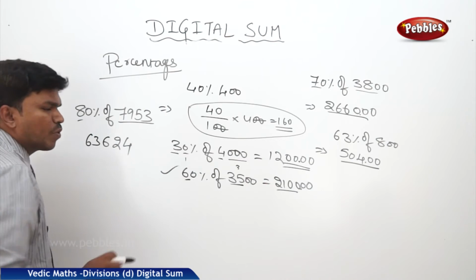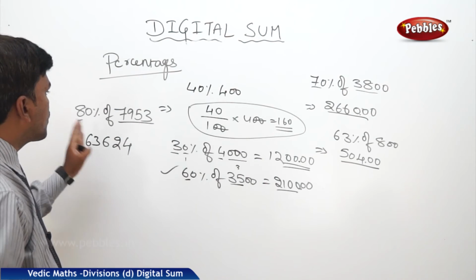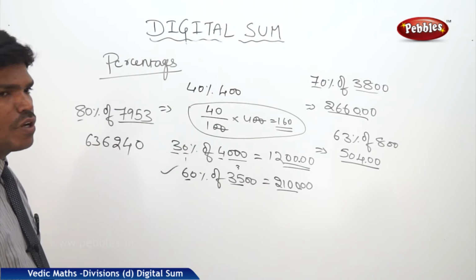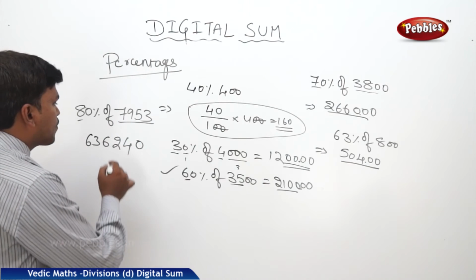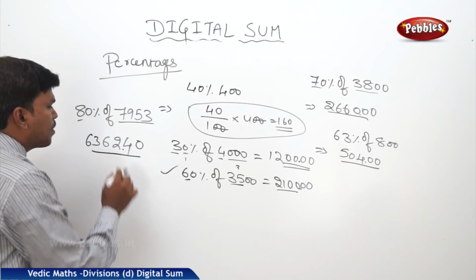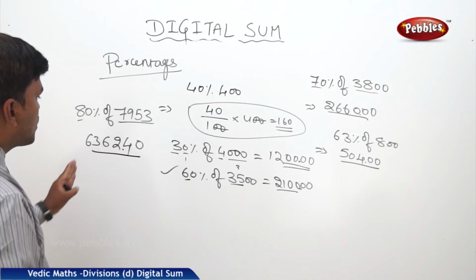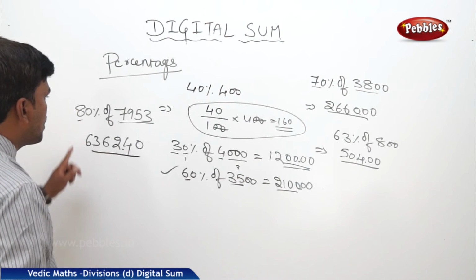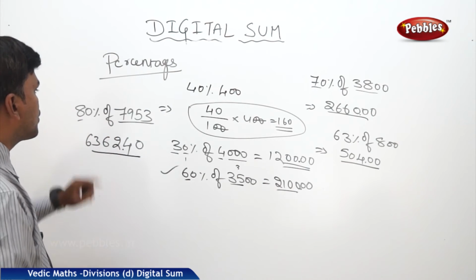So 63624 I got, and 0 at the end. 80 into 7953 is 63624. Now put a decimal point after 2 digits from right. So this will be your answer. Yes or no? 6362.4.